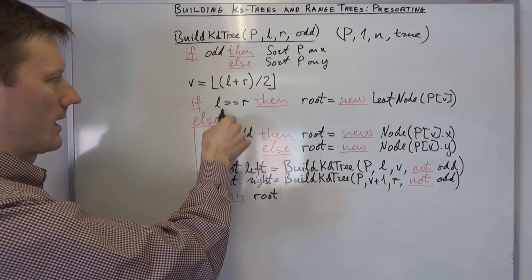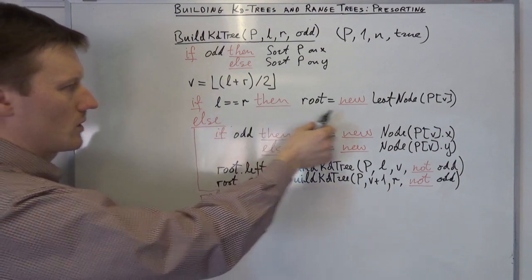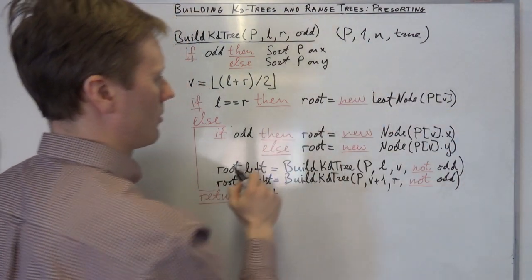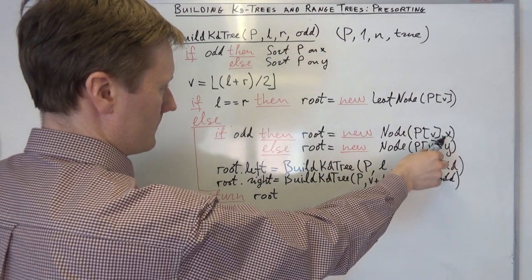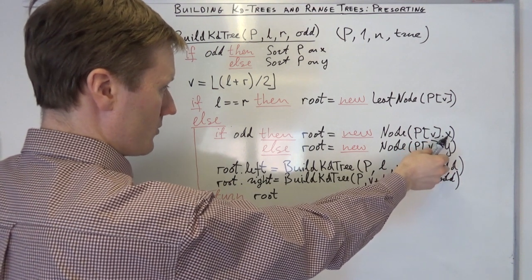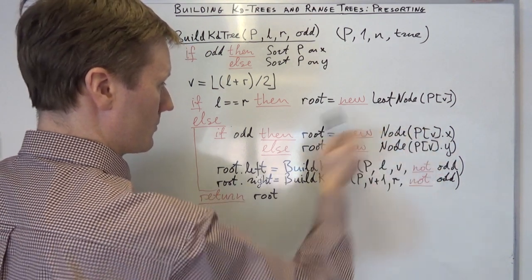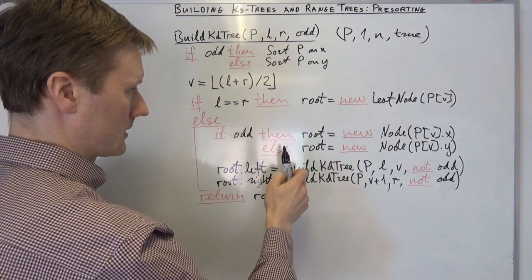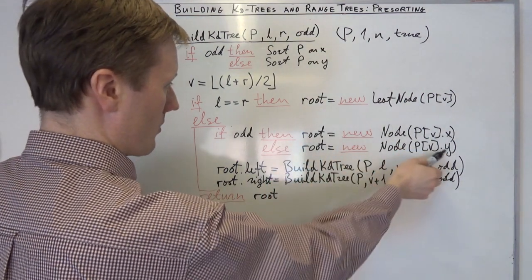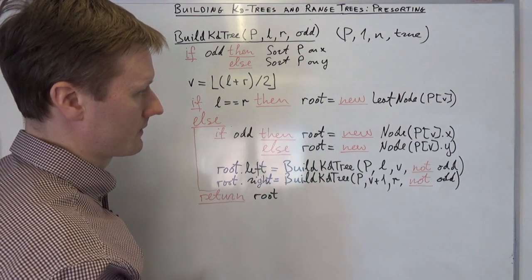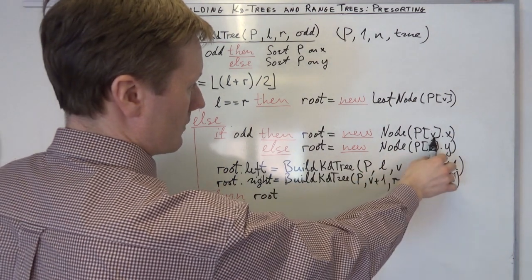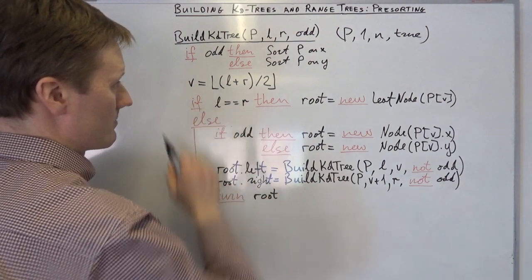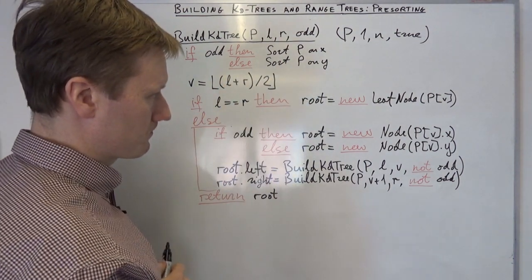So if L is equal to R, we have only one point, so we create a leaf node with that point. Otherwise, we put the splitting value in the internal node, which is either the X value or the Y value, depending on the level we are at, of the element in the middle of the sorted order.